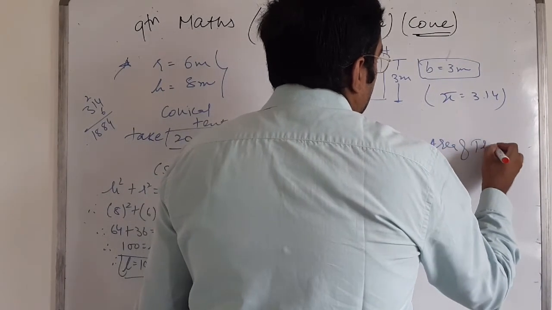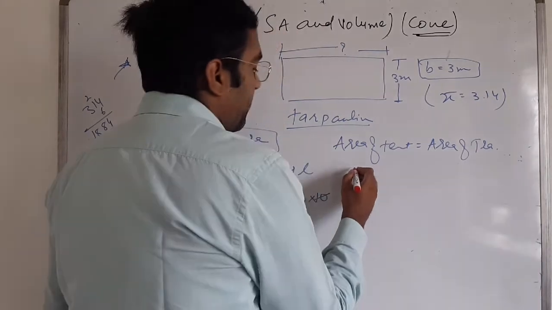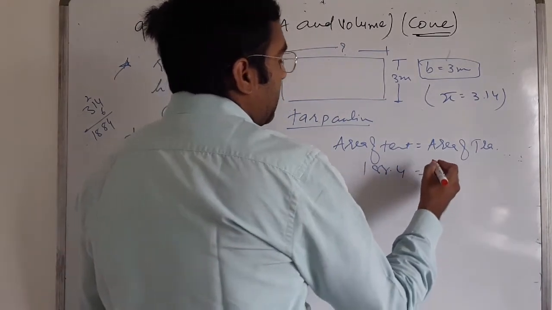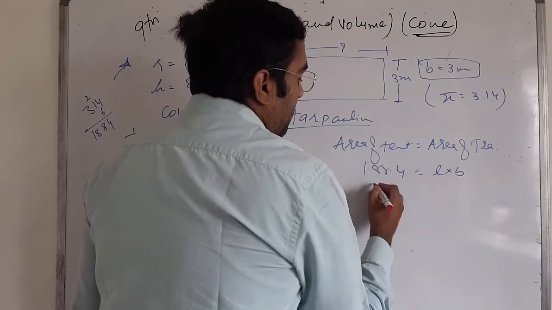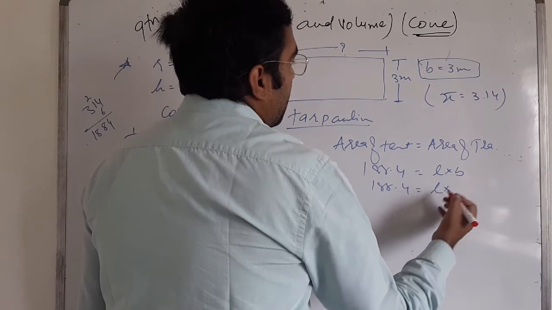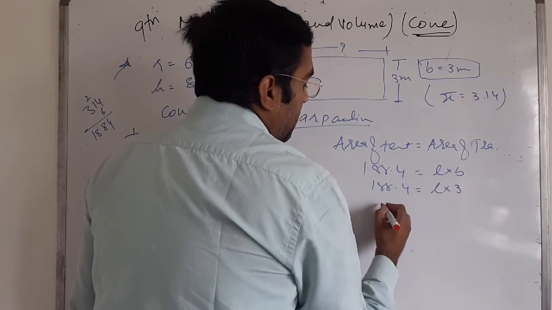So area of tent, 188.4, equals area of tarpaulin, that is length into breadth.